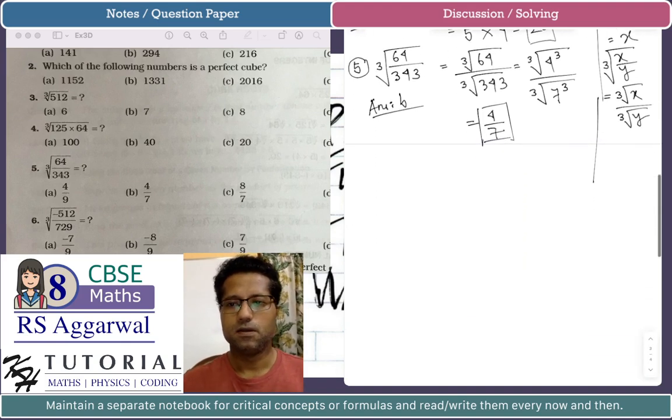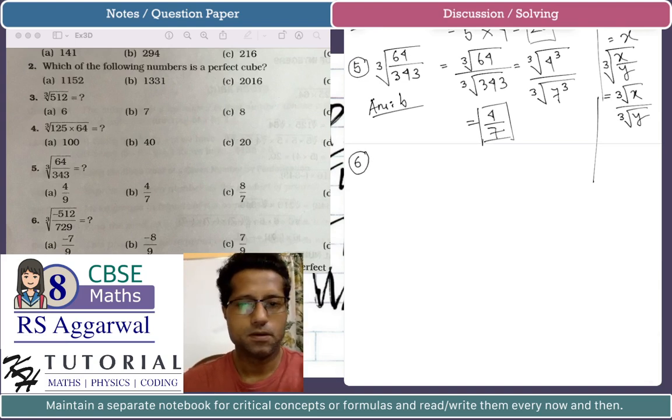Okay. Let's do problem number 6. We have to find the cube root of minus 512 divided by 729.